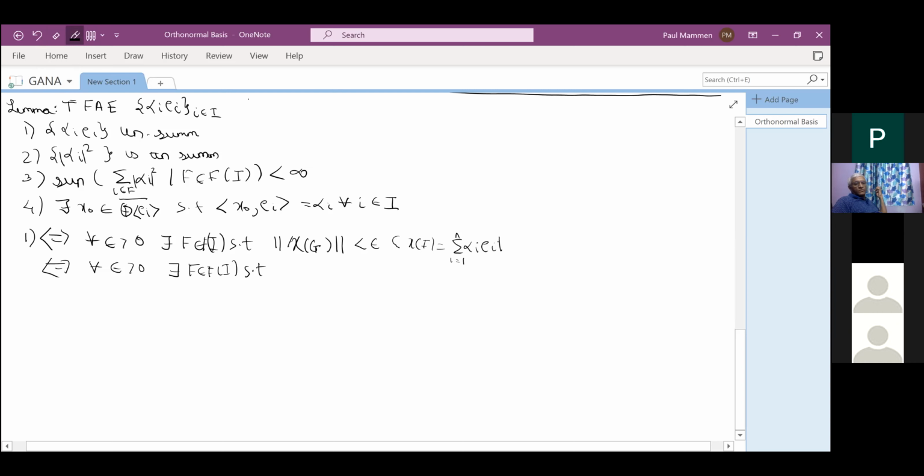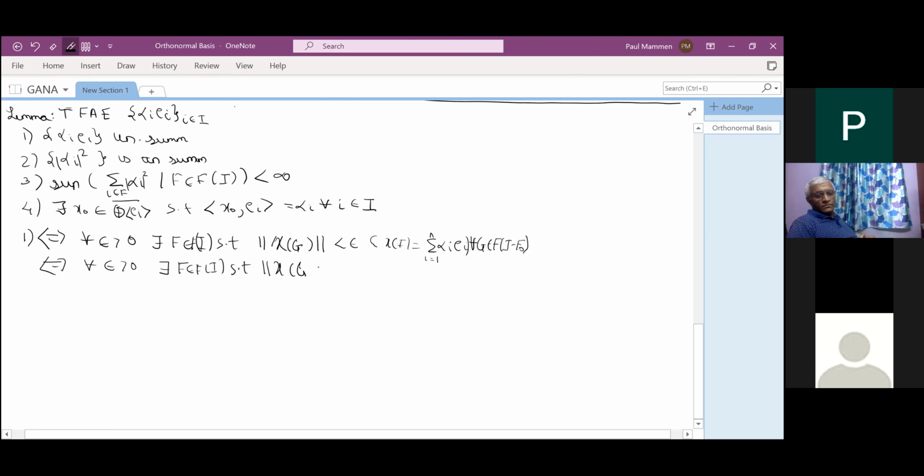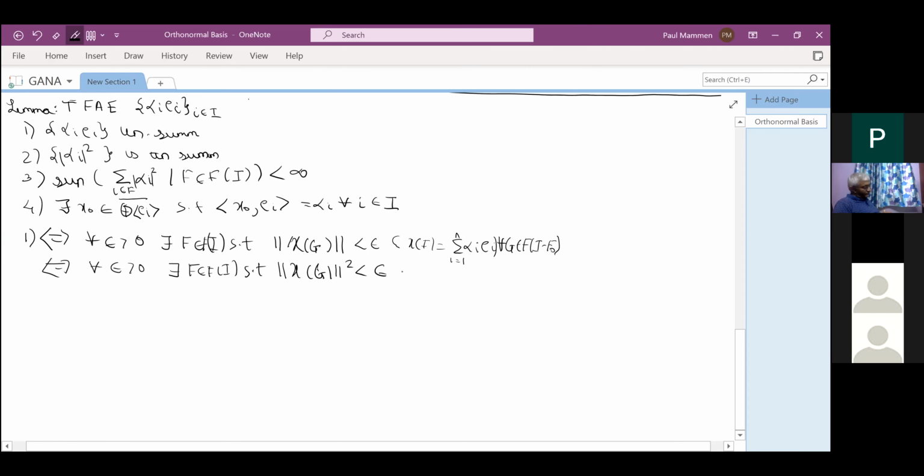For all g belonging to F of I minus f naught, there exists such that mod of, I can just replace this by the square, is less than epsilon. For all, if and only if, for all epsilon greater than 0, there exists f.